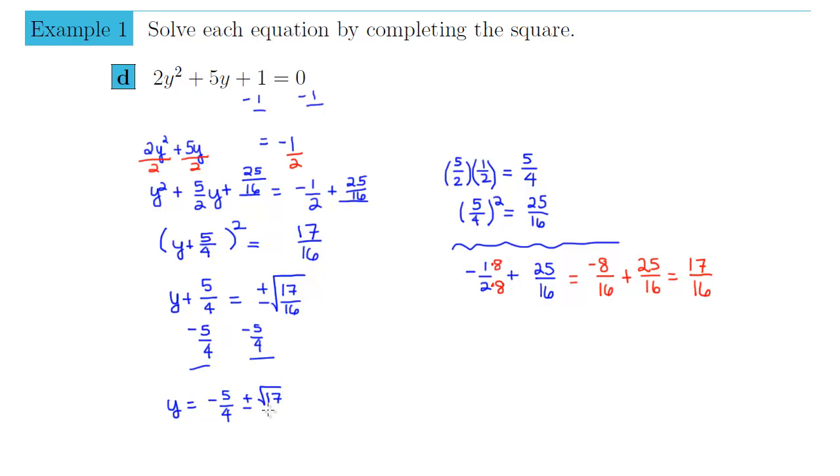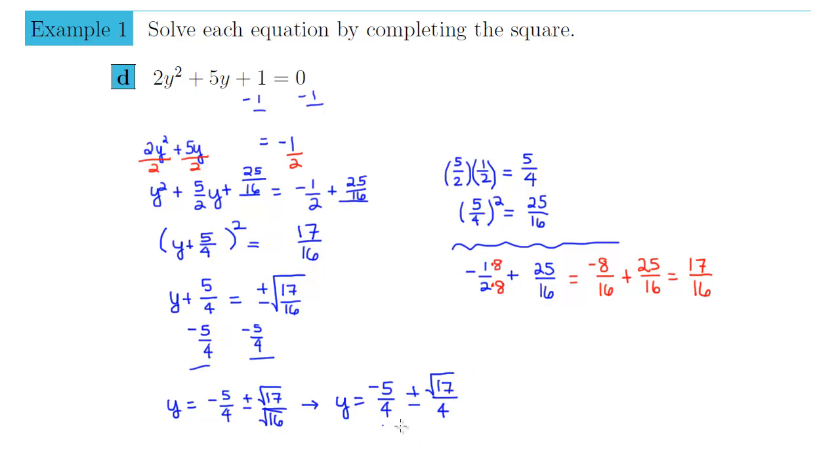I'm going to break it up into two square roots, the square root of 17 and the square root of 16, because our rules for radicals allow us to do that. And the reason I did that is that notice I can simplify the square root of 16 into 4. So that actually gives me y equals negative 5/4 plus or minus the square root of 17 over 4.